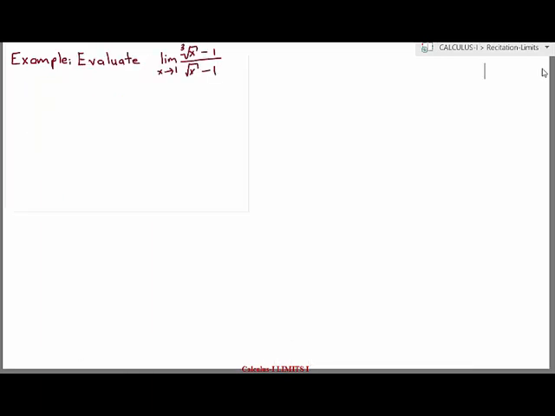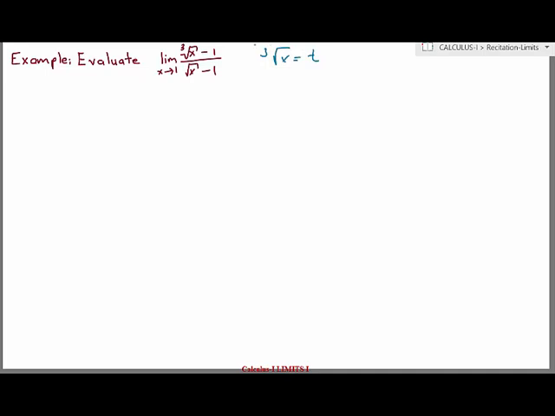Let's look at another example. Limit when x tends to 1, cube root x minus 1 over square root of x minus 1. I want to change the variable again. Instead of cube root x, I want to write t.